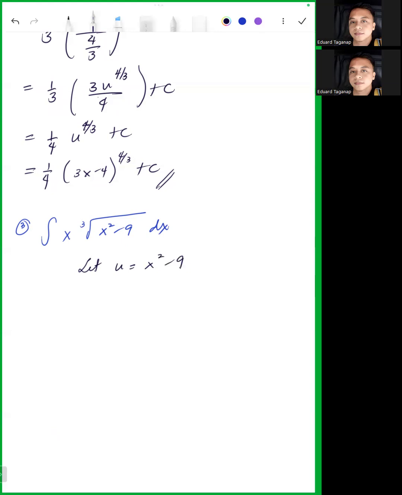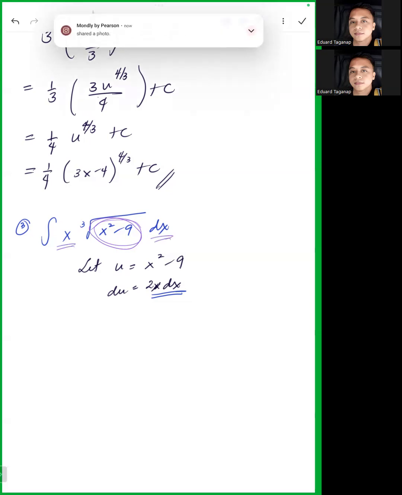Let's try x squared minus 9, the one that's inside the root. The derivative, du, is equal to 2x dx. Can you see x dx in the given? It seems that there's an x dx in the given. This x squared minus 9 will be u, and this x dx will be transformed in terms of du.